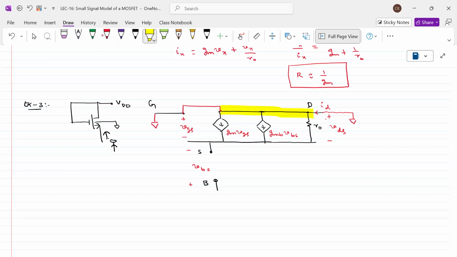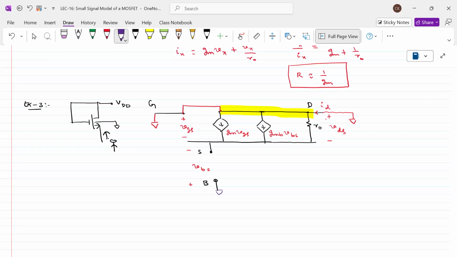But what about the body? Body is at ground, fine. But if you want to find the resistance here, what is the condition? What have we been doing so far? We kept one voltage source there and allowed current to flow through it, and we take the ratio Vx divided by Ix, which gives you the resistance value.